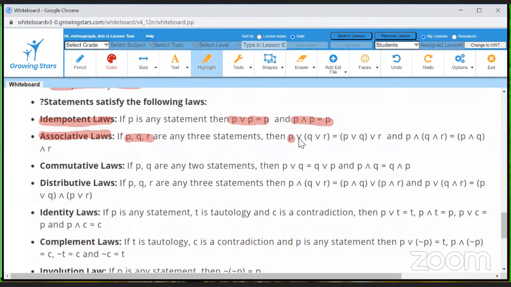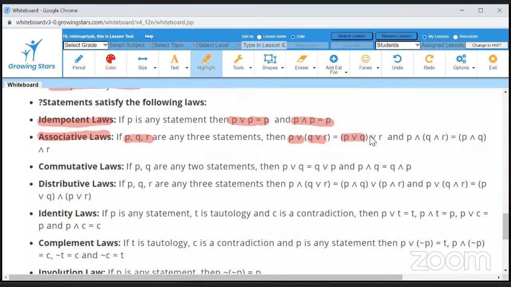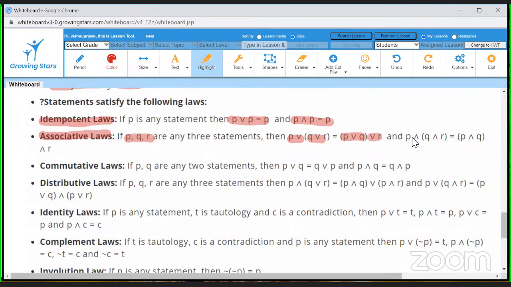P or (Q or R) is the same as (P or Q) or R. Similarly, P and (Q and R) is the same as (P and Q) and R.